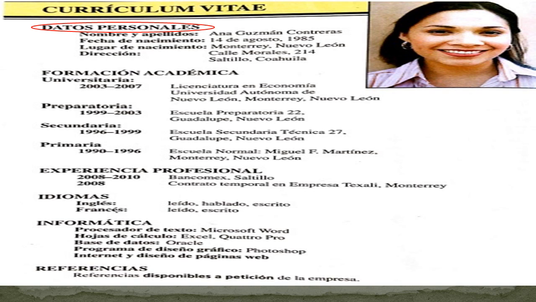It has three major sections: datos personales, personal information, name, birth date, birthplace, address. Then formación académica, your schooling, and your job experience, or experiencia profesional. These are the three major sections. The other three, idiomas, languages, informática, computer knowledge, and referencias, references, are the secondary sections.